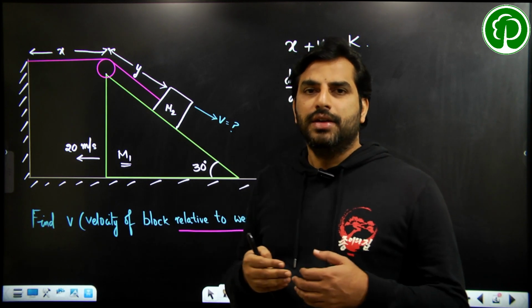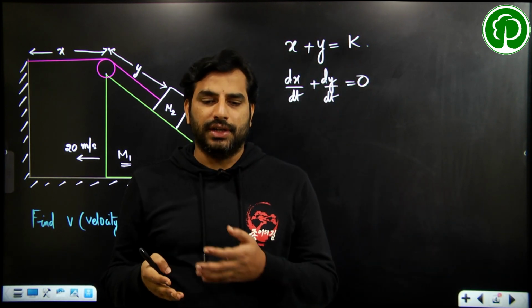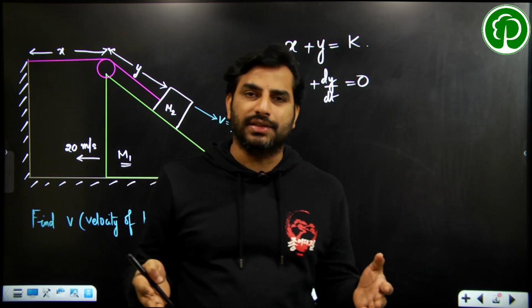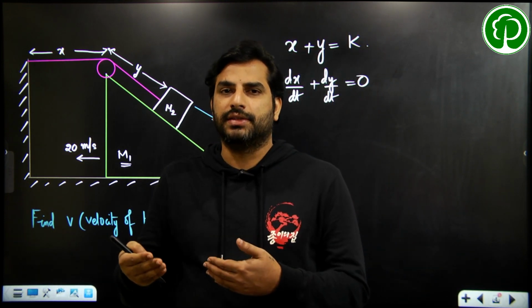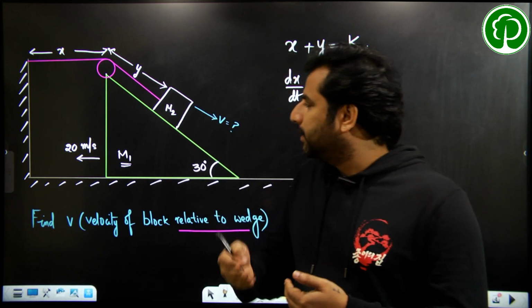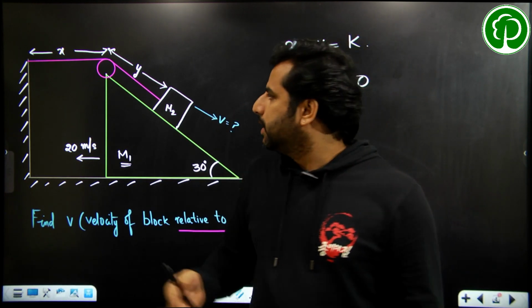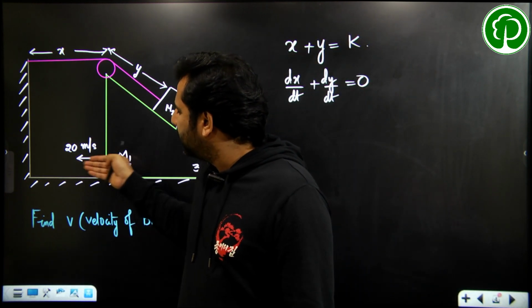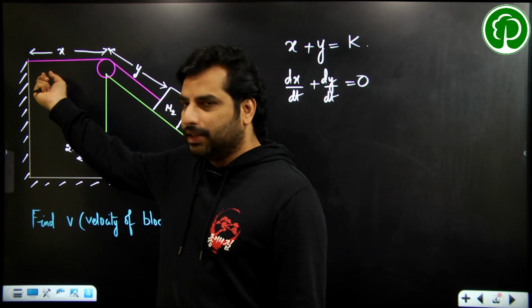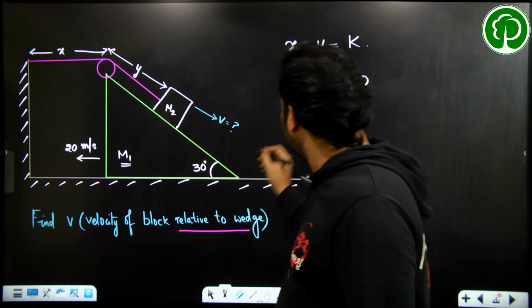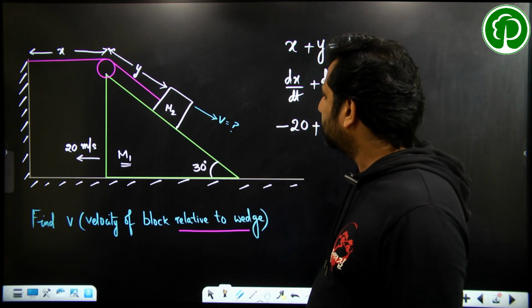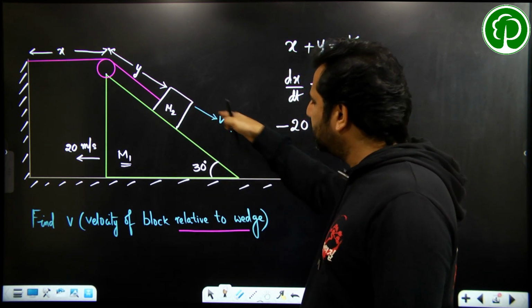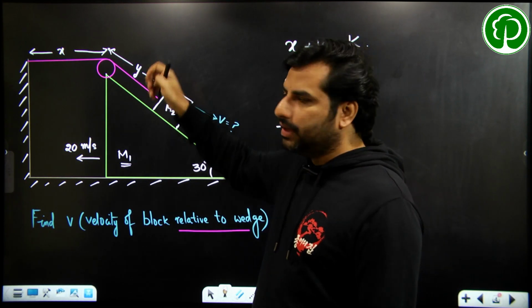dx by dt is given to be 20. I'll take the direction of velocity in the direction of decreasing distance as negative. If the direction of velocity is in the increasing distance, then I'll take it as positive. In this case, if the wedge is moving towards left, x is actually decreasing. So dx by dt, I'll take it as negative. So I'll put a minus 20 sign. Plus, if v is downwards, then definitely y is increasing.